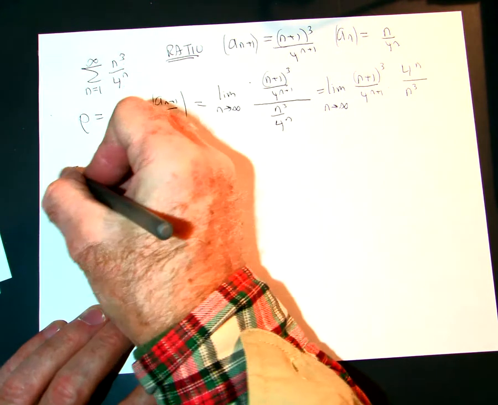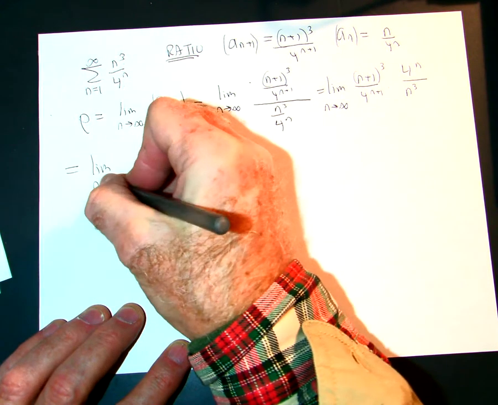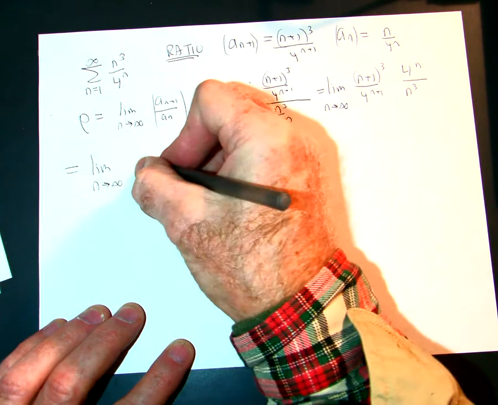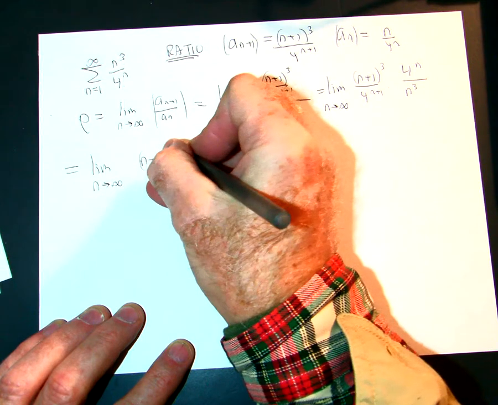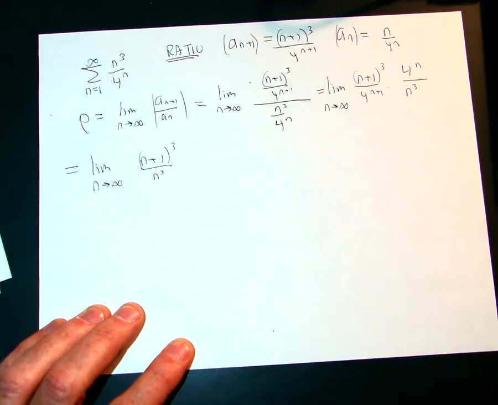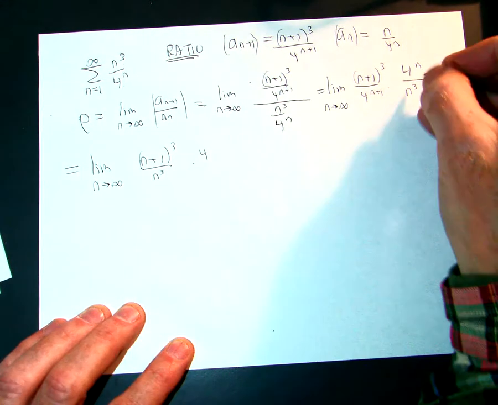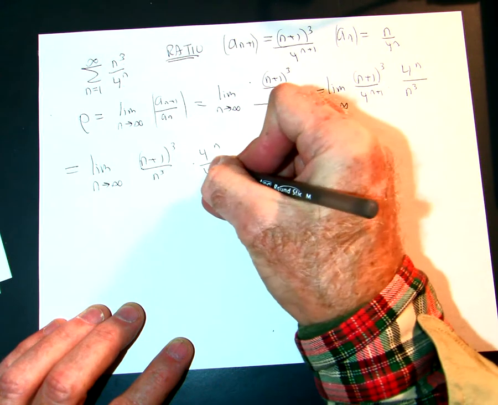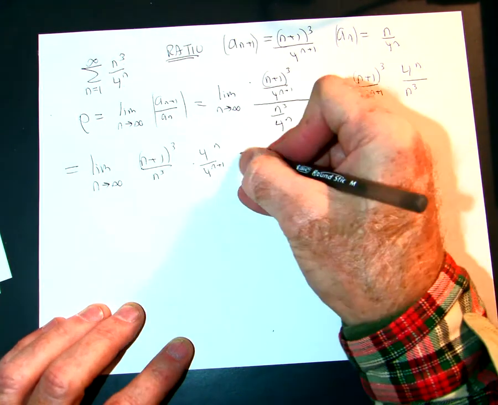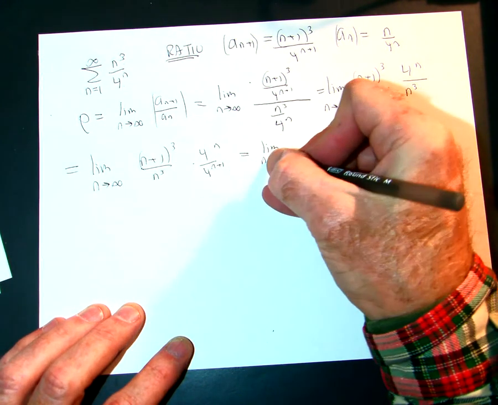Like I like to do, I like to gather like terms. (n+1) cubed over n cubed times 4 to the n over 4 to the n+1. That's going to be equal to this limit.